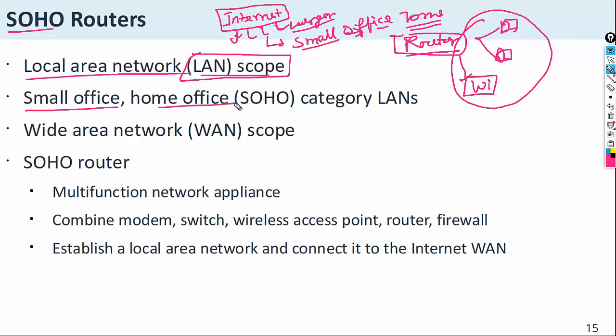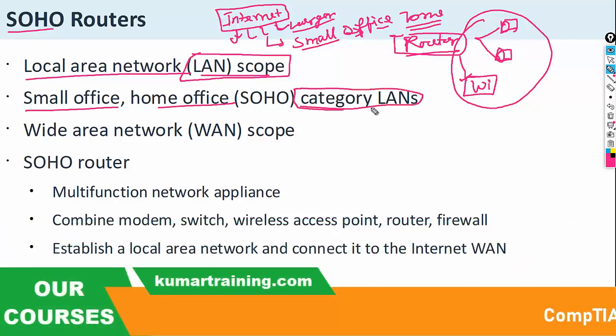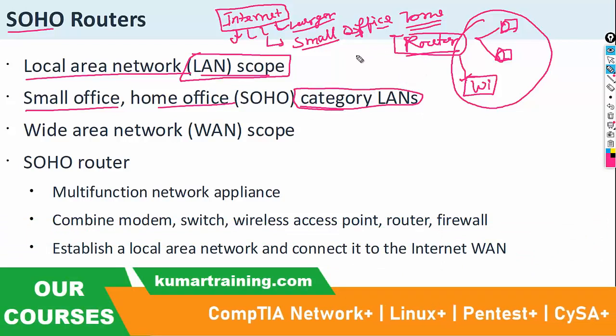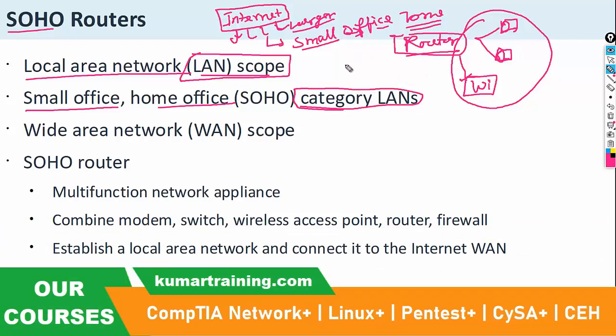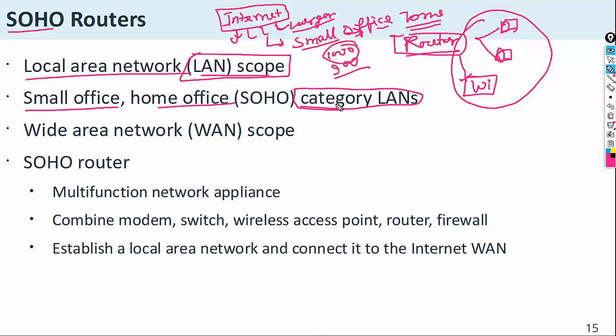A small office or home office is the SOHO category of LAN, one type of LAN. There is another type of LAN which exists in corporate or big organizations, with thousands of computers running in the same network, or 200, or 100, or 50 computers in the same network. And wide area network, I have told you about the internet already.